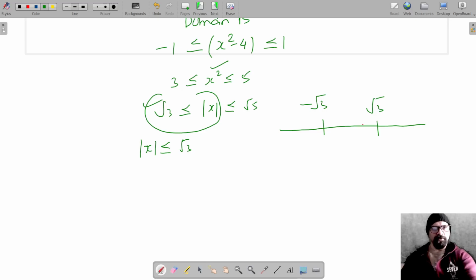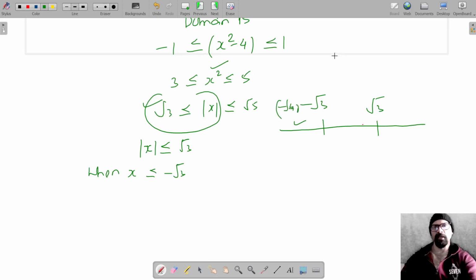This is the case when x is less than or equal to negative root 3. So less than or equal to negative root 3 means, let's say we have -4 here. The modulus of -4 is 4, which is the positive value.